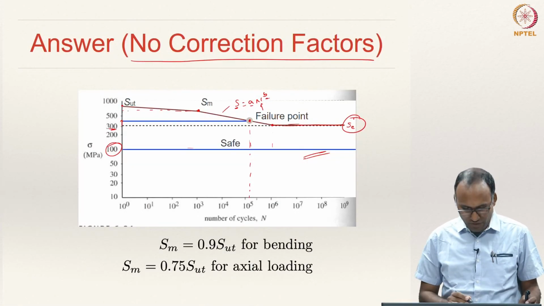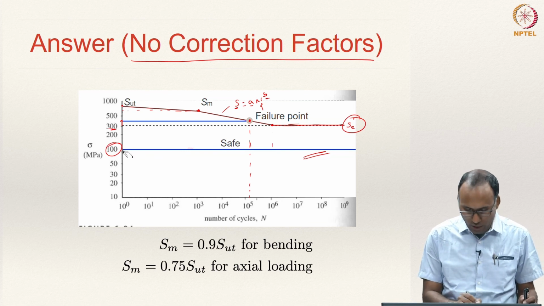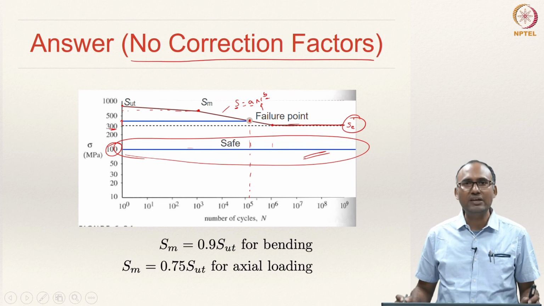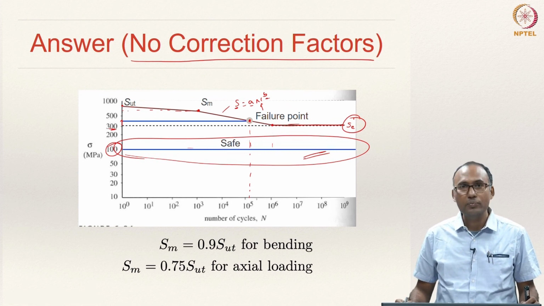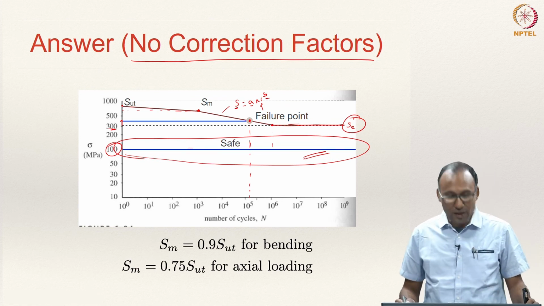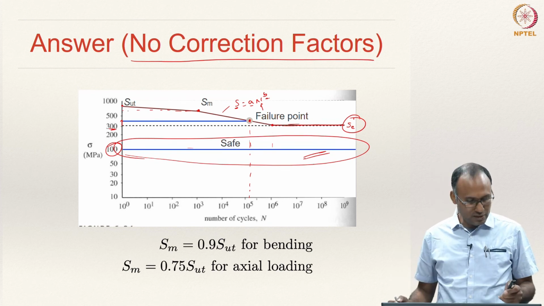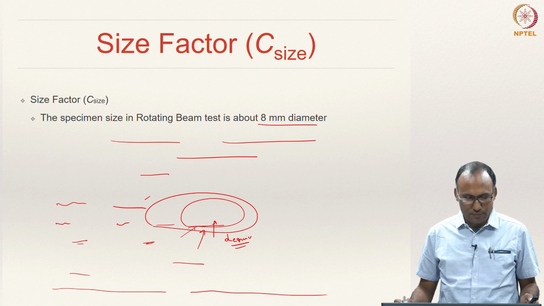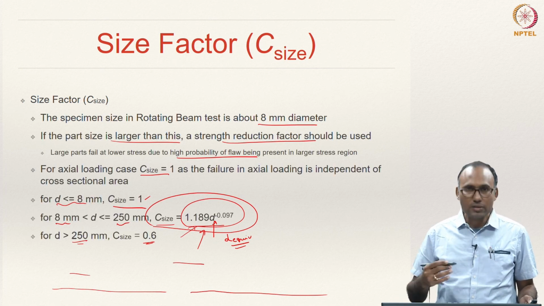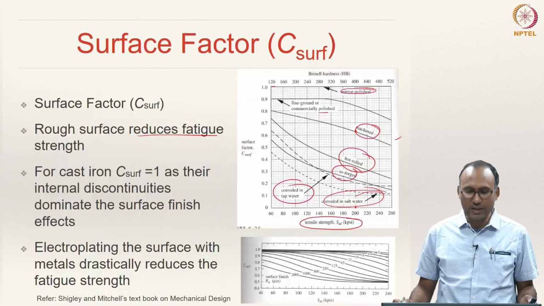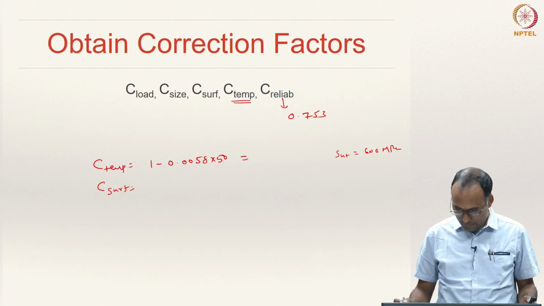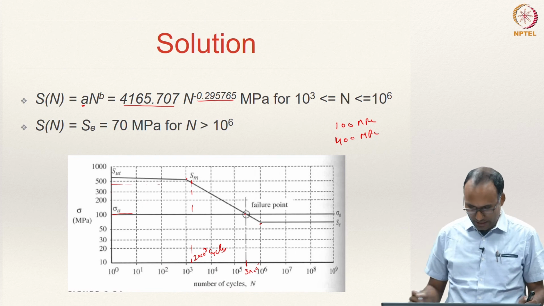Without applying any correction factors, this is exactly the same problem, the 100 MPa stress amplitude turned out to be perfectly fine, safe, right. However, after applying the correction factors, you have clearly seen that the material is not safe anymore even at 100 MPa stress amplitude.